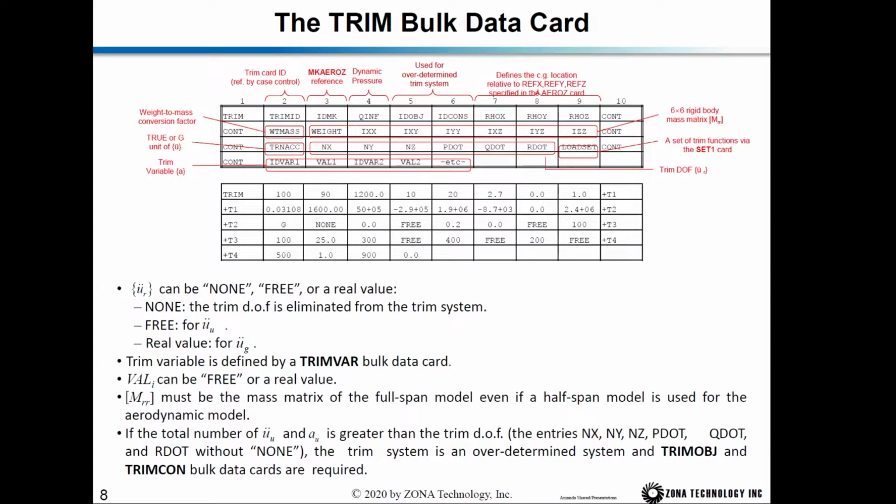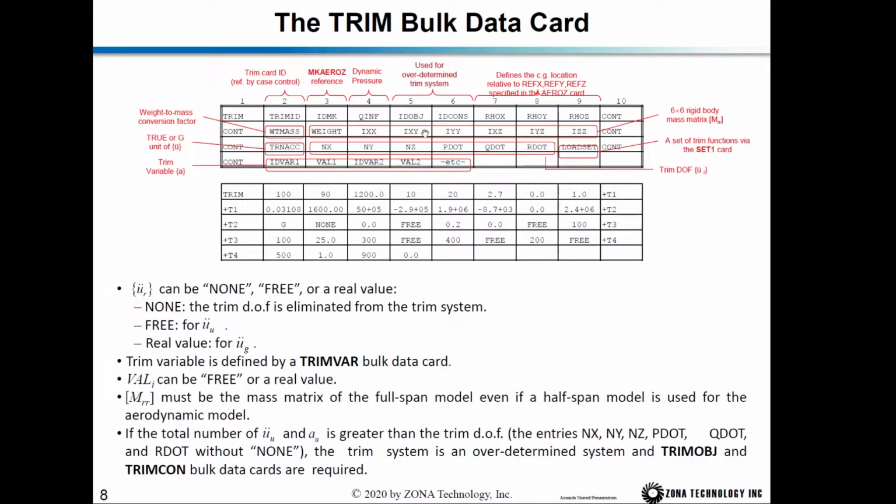So how do you determine whether this is a determined or overdetermined trim problem? You just count all the trim degrees of freedom, excluding none. For example, if I put none here, and then put either free or value in those 5 trim degrees of freedom, I have 5 trim equations.